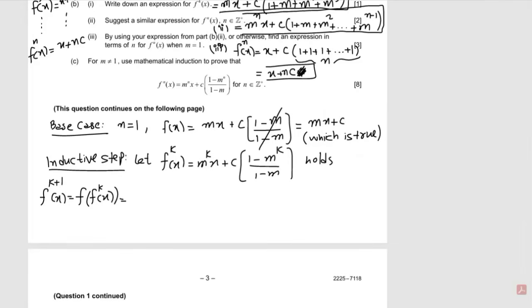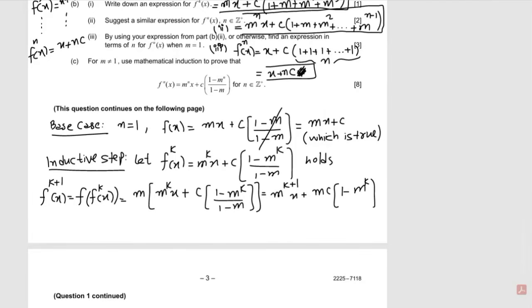So now I need to apply this inside the linear function. That will be m times this whole thing, m to the power k x plus c times 1 minus m to the power k over 1 minus m. And that's it. So this will turn out to be m to the power k plus 1 x plus mc, and this whole thing 1 minus m to the power k over 1 minus m.